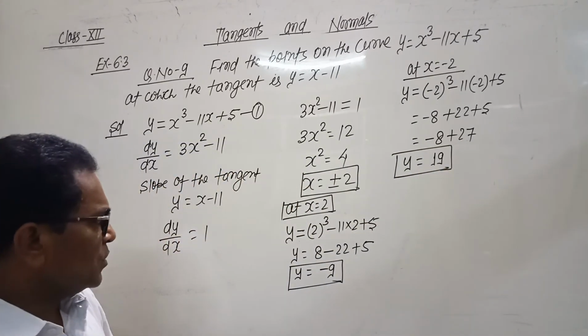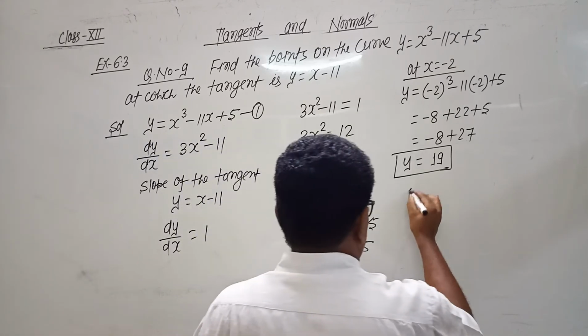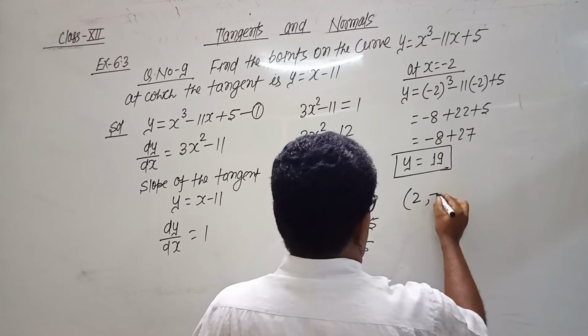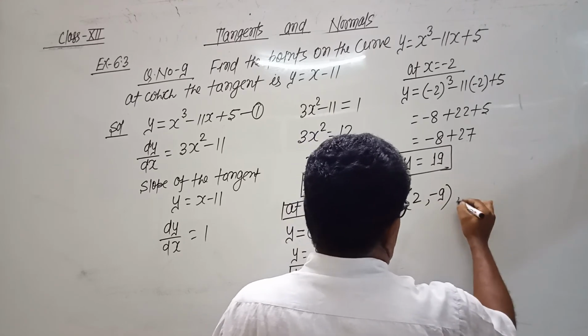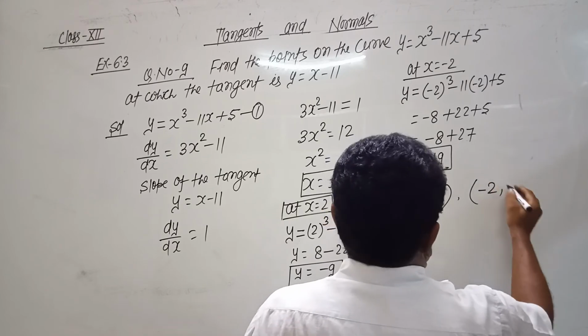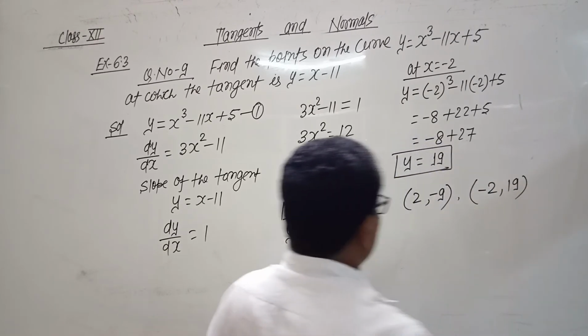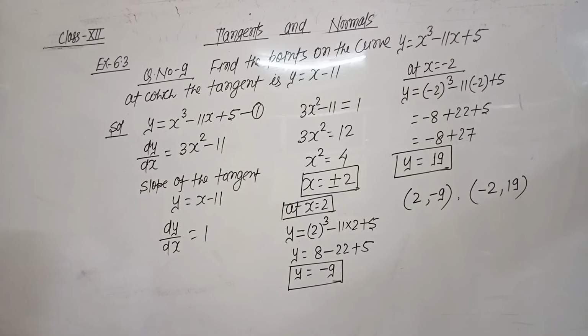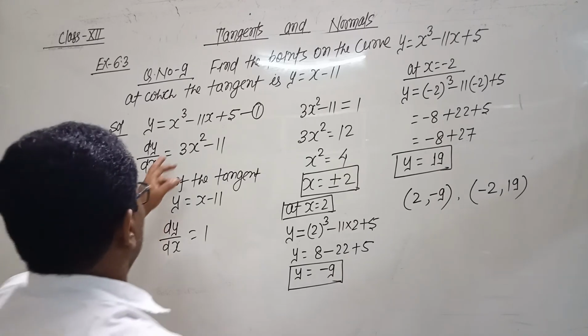So there are 2 points. At x equals 2, the value of y is minus 9, and at x equals minus 2, the value of y is 19. Now put the values of x and y, meaning these 2 points, in the equation of the tangent.